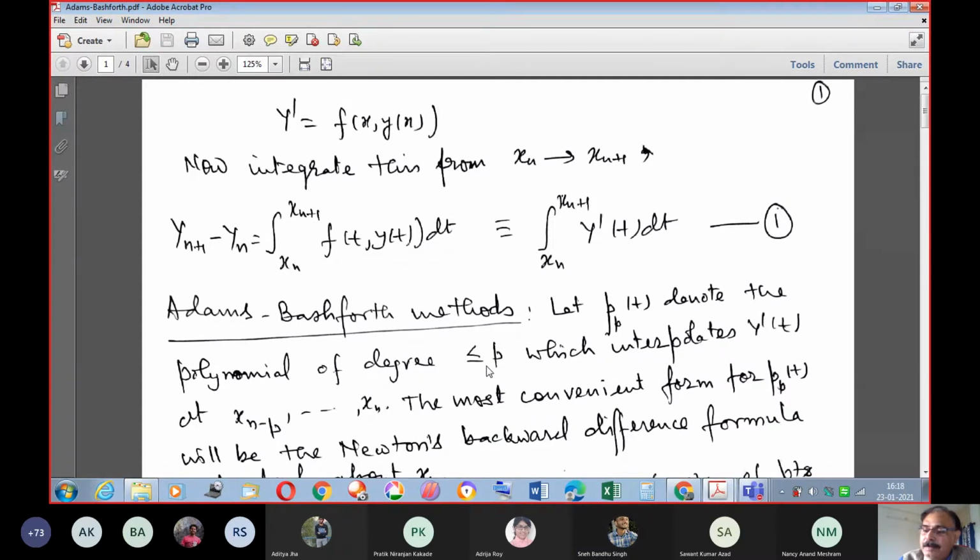And the points are x1 to x(p+1). And this polynomial h(x) has the property that h(xi) should be hi, the point which is given to you. Is that so? Yes, sir. This must be true for i equal to 1 to p plus 1.